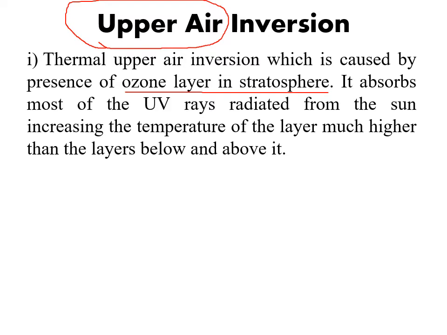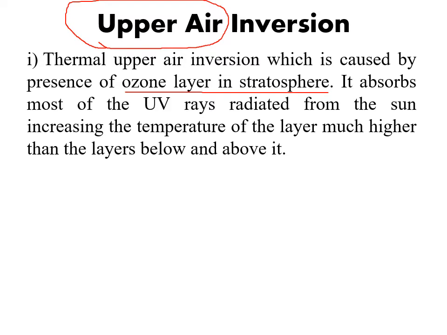Now as the ozone layer acts as a trap for the incoming ultraviolet rays, most of the ultraviolet rays are trapped within this ozone layer, and that basically increases the temperature of that ozone layer. Now as we move up through the stratosphere, we get more and more concentration of ozone, so the trapping of incoming ultraviolet rays will be more as we move up.